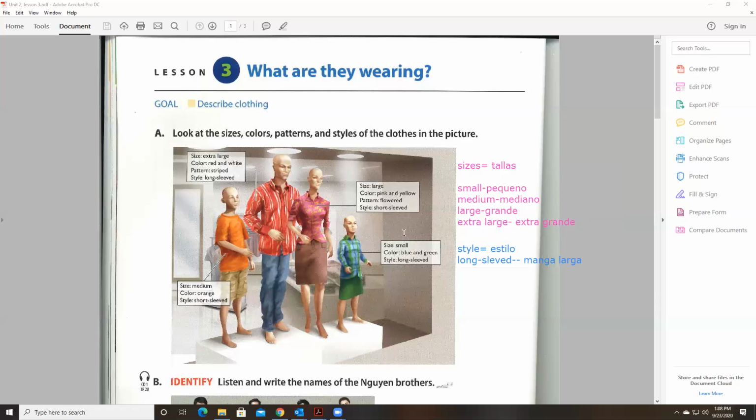Then we have our size up here for the woman. Size is large. The color is pink and yellow. Now we have a new word, pattern. Pattern means estampado.